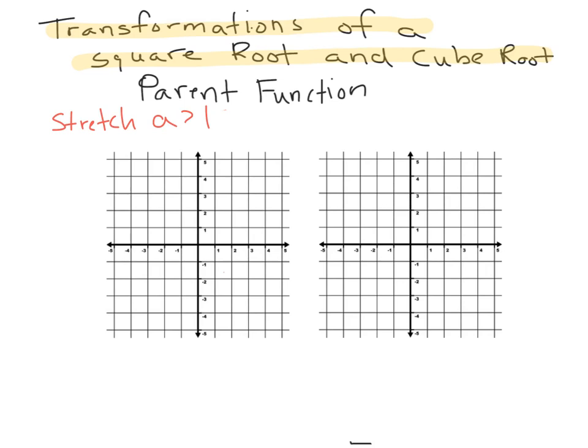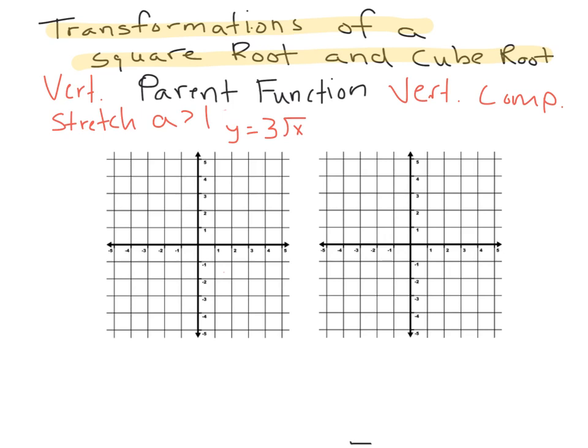It's got to be bigger. And we can't say equal to 1 because if you multiply anything by 1, you really haven't done anything to it. So that would be something like y is equal to 3 square root of x. Okay, now to be more precise, I should have said this. This is vertical. Okay, this is your vertical stretch and your vertical compression over here.